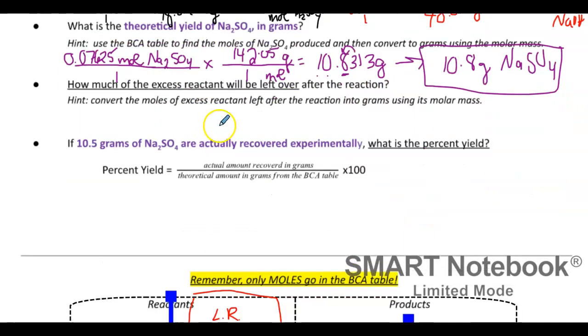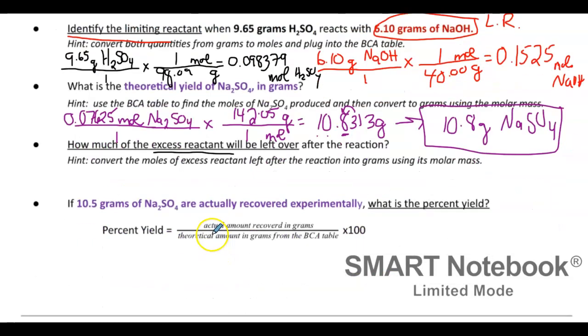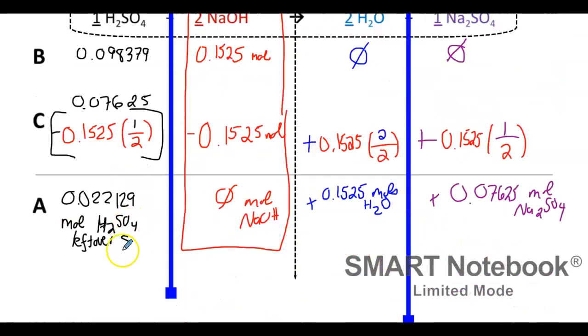Okay, next one. This one, we've done all the hard work already as well. How much of the excess reactant will be left over? Well, we said that sodium hydroxide was limiting. The excess reactant is the H2SO4. So we have to convert the moles of H2SO4 left after the reaction from moles to grams. So 0.022129.